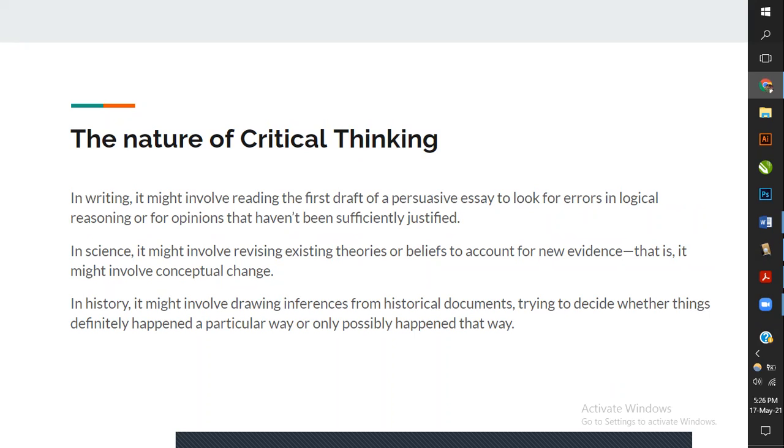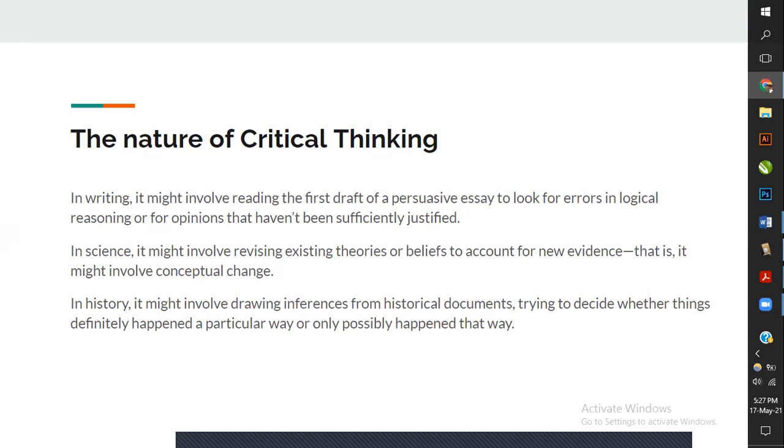So you have to read first in order to create something from scratch. So why do we read? We read, of course, because we read the first draft of a persuasive essay to look for errors in logic, reasoning, or for other opinions that haven't been sufficiently justified. As mentioned, you cannot start something from scratch without having any background on it.